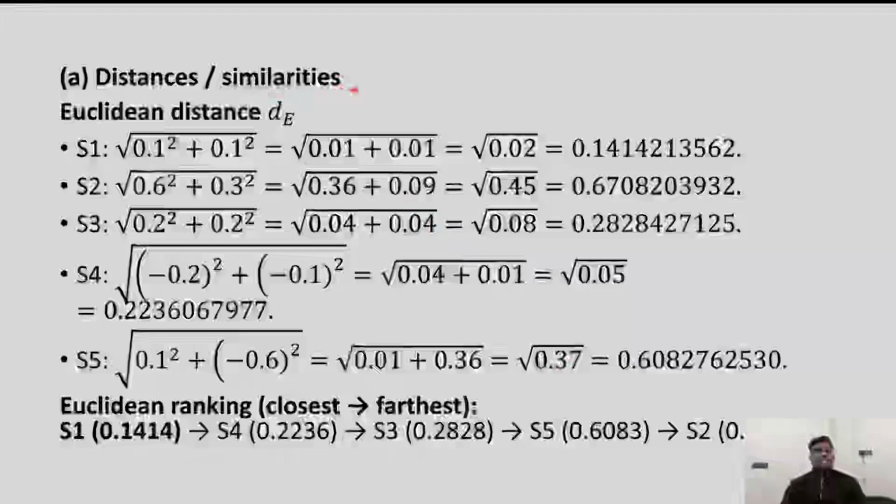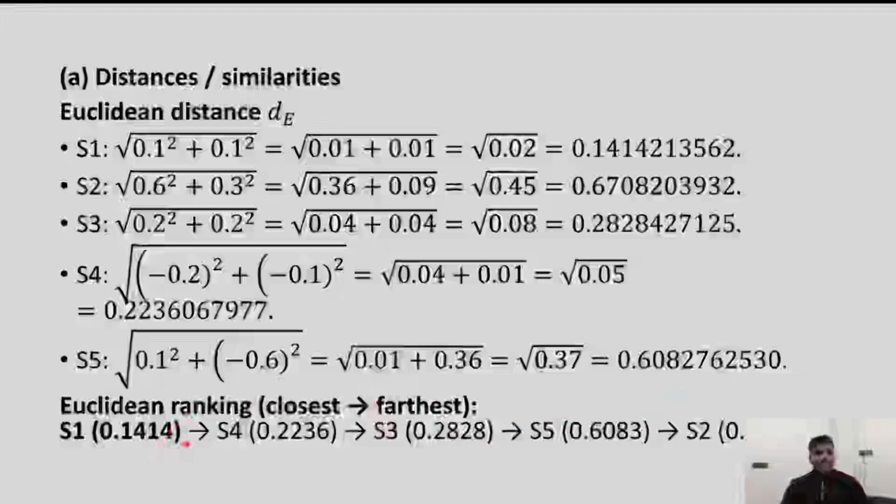Distances or similarities. Euclidean distance d. By solving with the formula, we got 0.1414 and so on for S1, and for S2 we got 0.6708 and so on. For S3 we got 0.2828 and so on, for S4 we got 0.2236 and so on, and for S5 we got 0.60827 and so on.